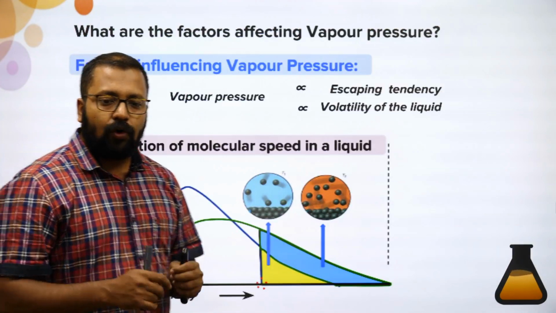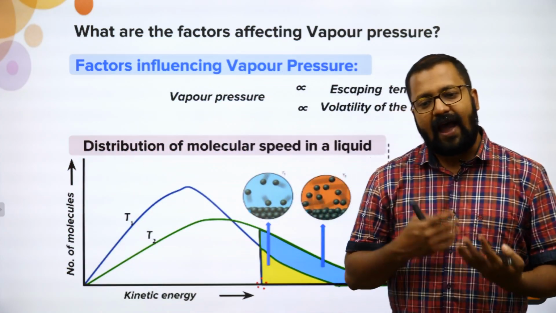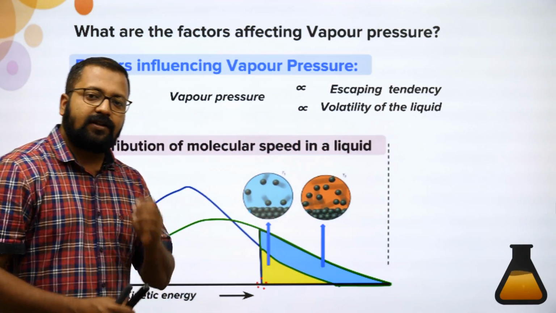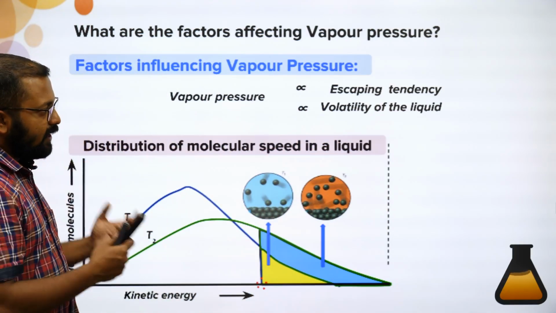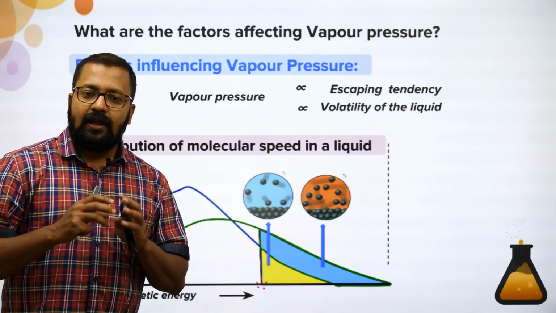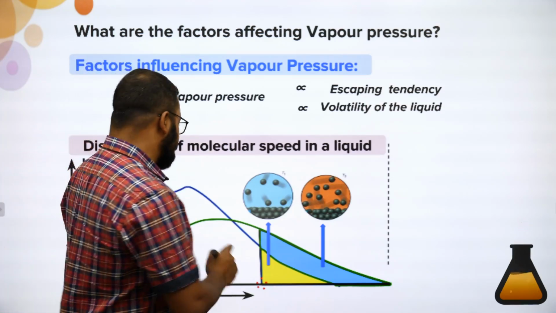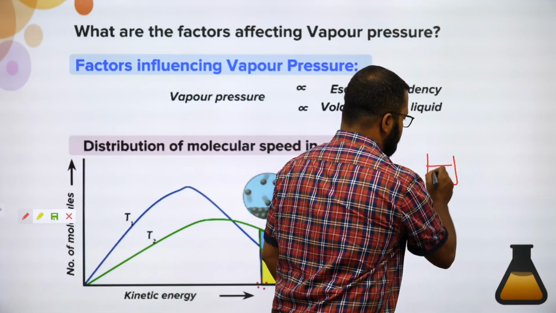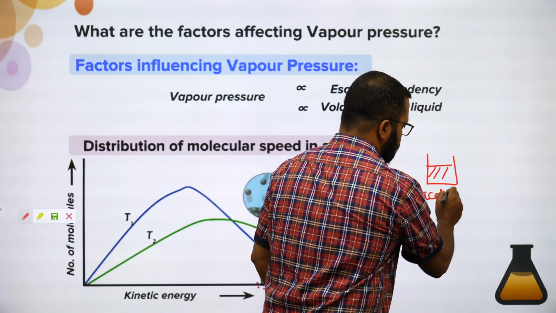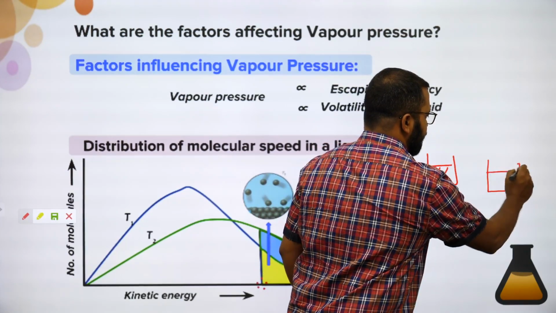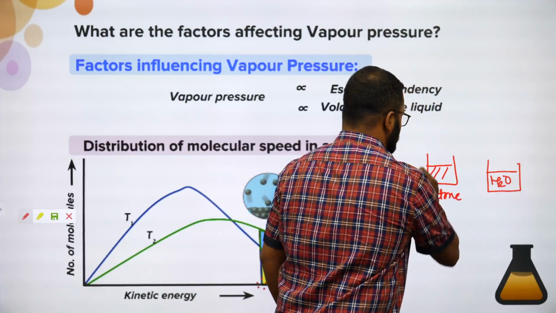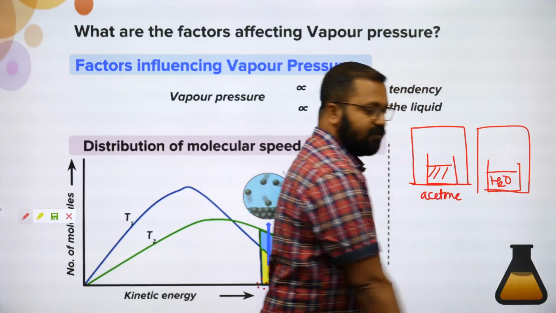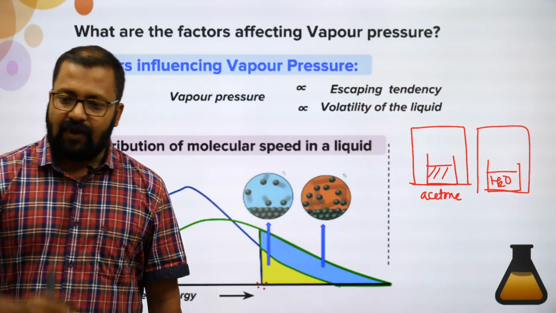Now if I want to know the factors that will affect the vapor pressure, suppose I have taken acetone in a container, and in another container I have taken water, and I have covered both of them.